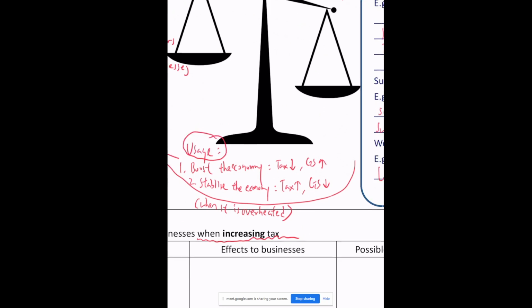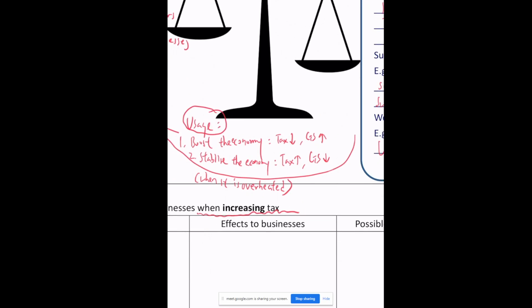Or if you want to stabilize the economy, when the economy is getting too hot, the growth is getting too great, too rapidly, then you might want to stabilize the economy because you don't want to see too much inflation. Inflation is not good for your economy.